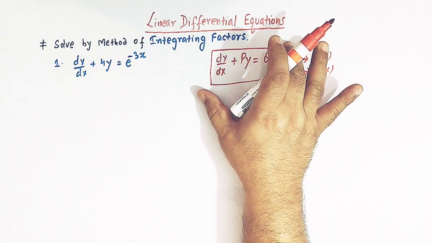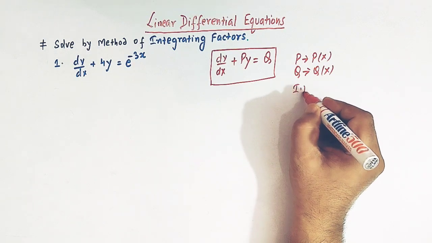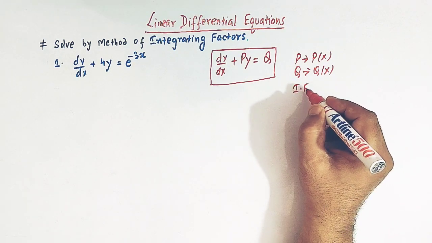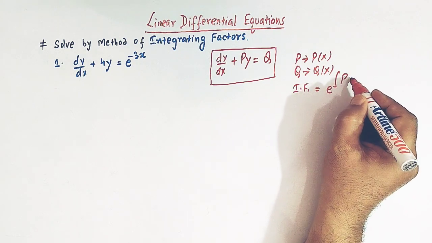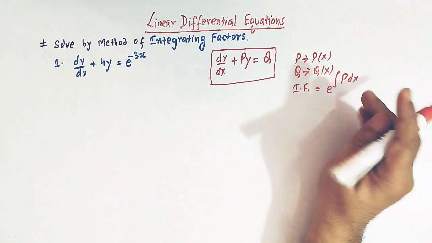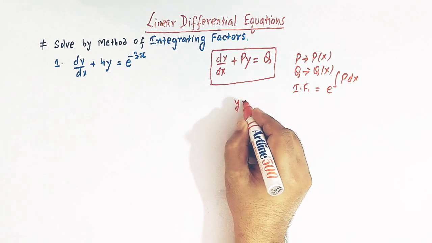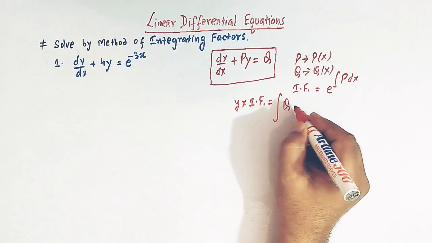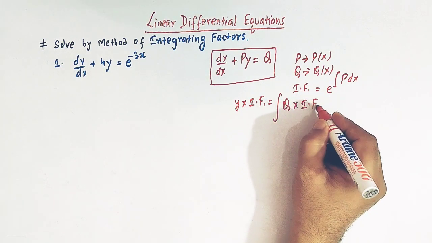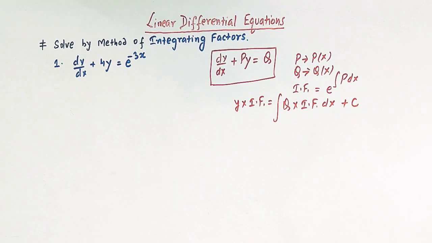Now to solve this type of linear differential equation, we find the integrating factor. The integrating factor IF is equal to e raised to the integral of P dx, and the solution of this differential equation is given by y times the integrating factor equals the integral of Q times the integrating factor dx plus c, where c is the constant of integration.